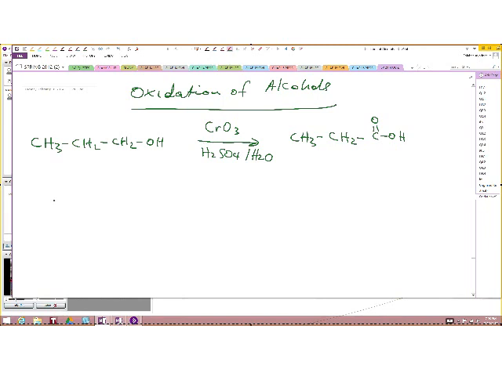That same reagent will also take a secondary alcohol and oxidize it to a ketone.